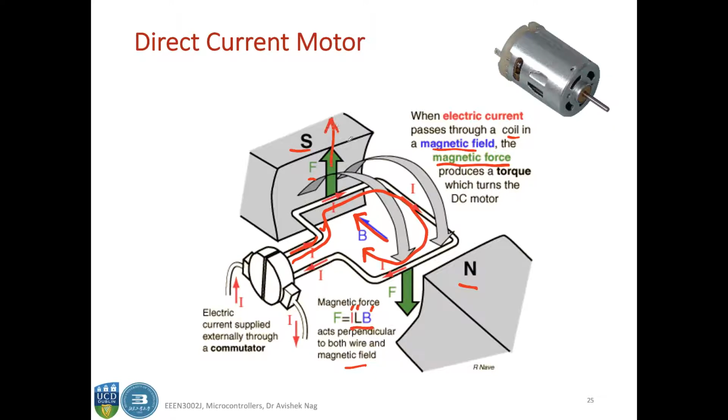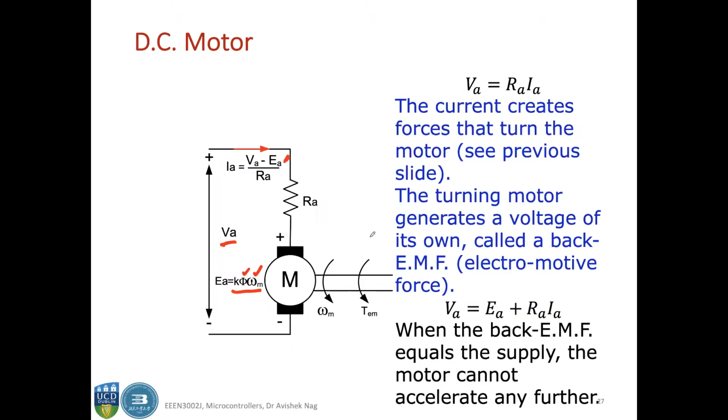So this force is like this, so it's trying to rotate this coil, okay, and because of this rotation, this coil is actually intercepting this magnetic field, and due to that this back EMF is produced, okay.